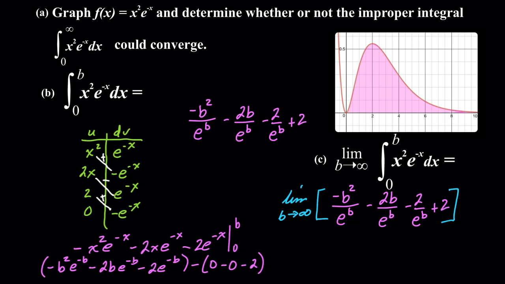So what happens then is this approaches 0, that approaches 0, this approaches 0, and that is 2. Therefore, this area underneath the curve is going to approach an area of 2.